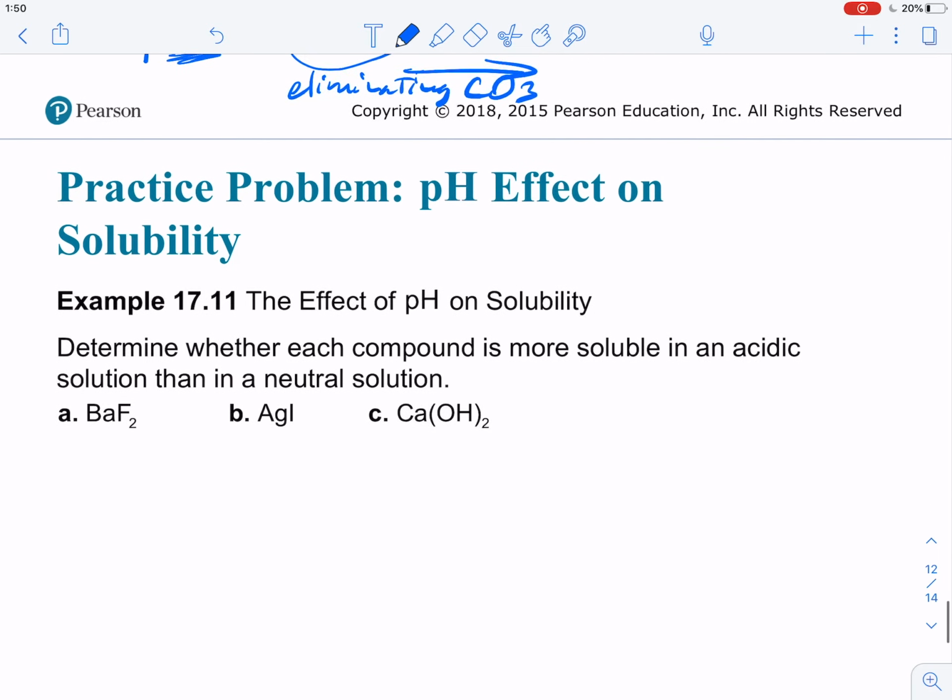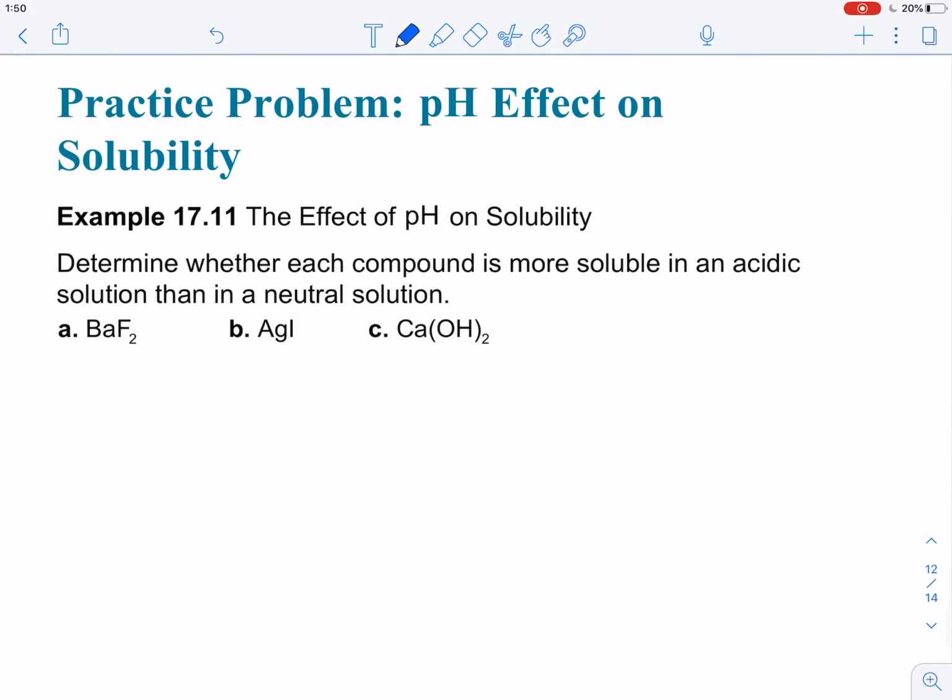So, what about we take a look at these ions, shall we? We are trying to determine whether they are more soluble in acidic solution than neutral solution, right? So the first equilibrium is BaF2 that goes to Ba2 plus and 2 fluorides.